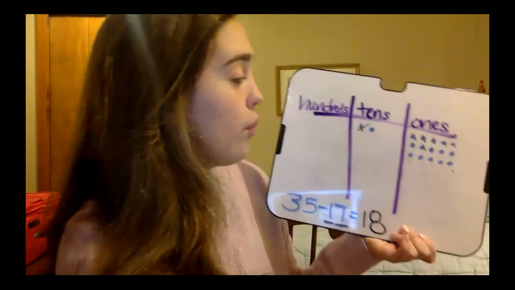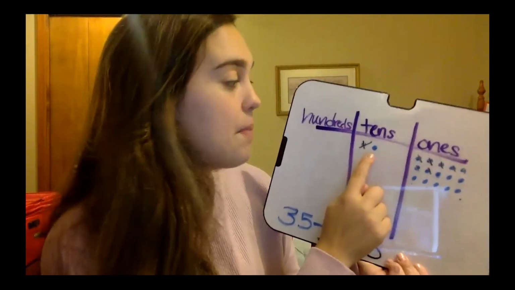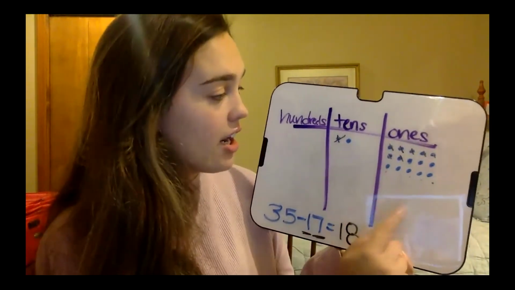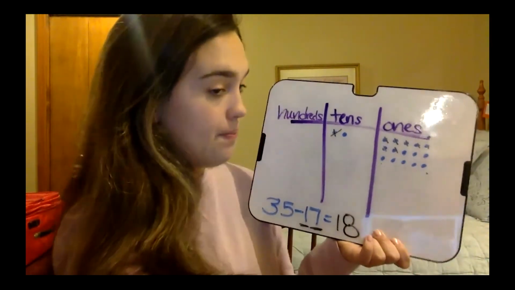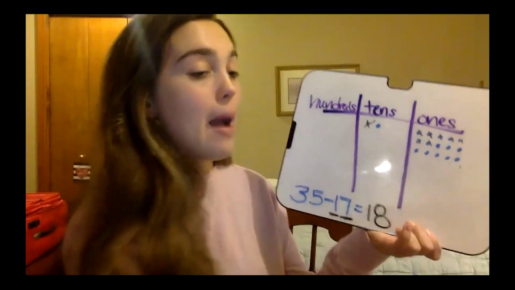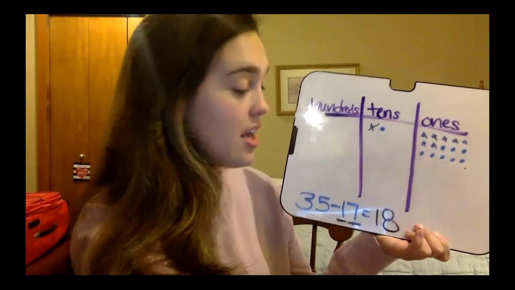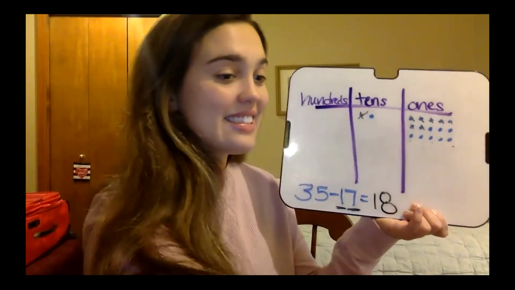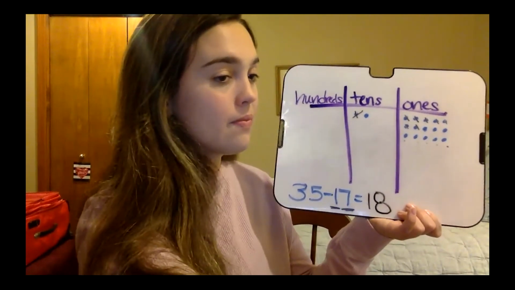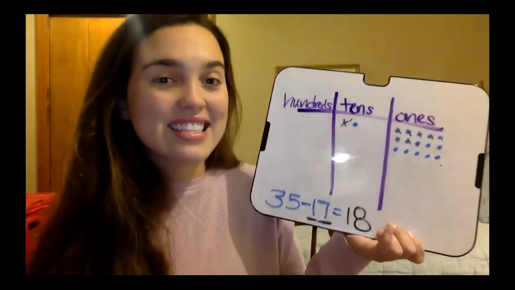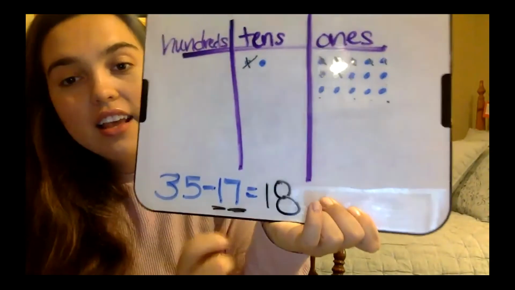So now what we are left with is 18 because we have 1 ten here and 8 ones. So 35 minus 17 equals 18. Yes, that is correct. 35 minus 17 equals 18.